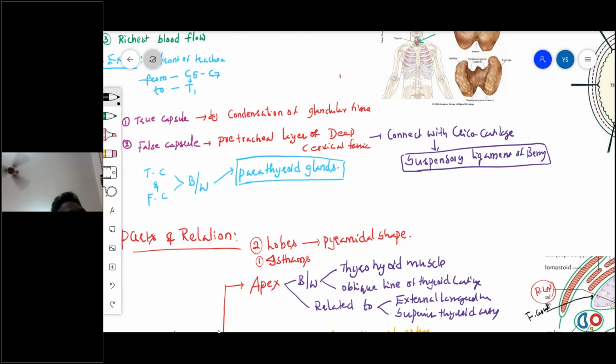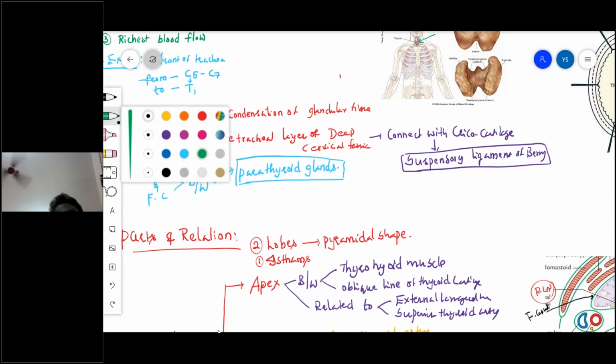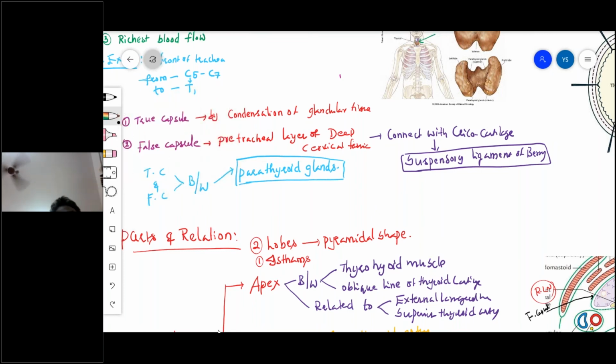The suspensory ligament of Berry. That we can see here. Behind this ligament, the suspensory ligament of Berry, one nerve is passing, that is the recurrent laryngeal nerve.